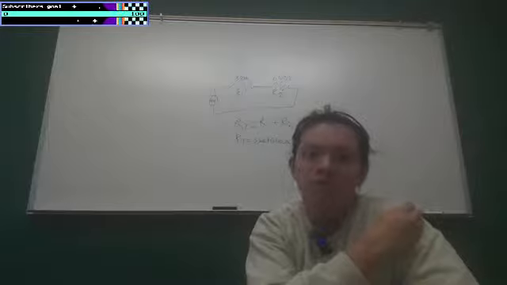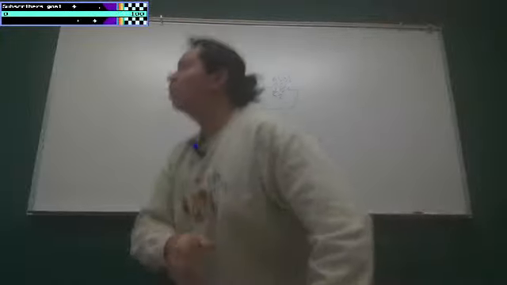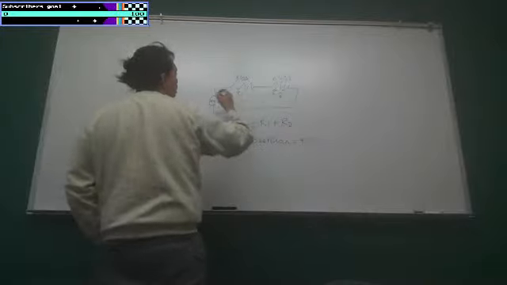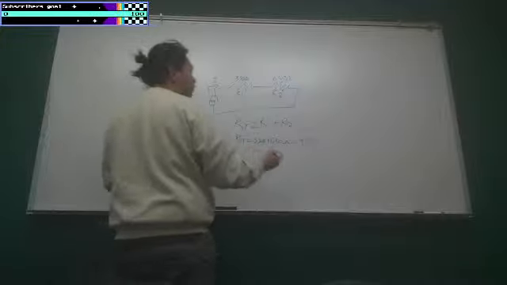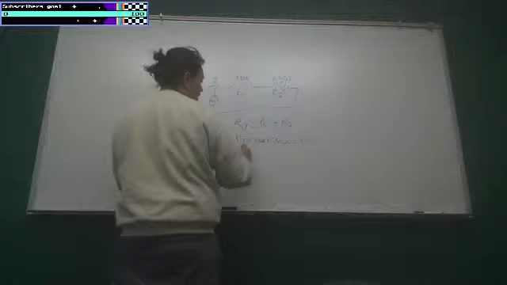Now, what's the flow of the current? What's the current going through the flow? Oh, okay. So now that we have the resistance, we're trying to figure out the I. So we know Ohm's law is V equals IR.